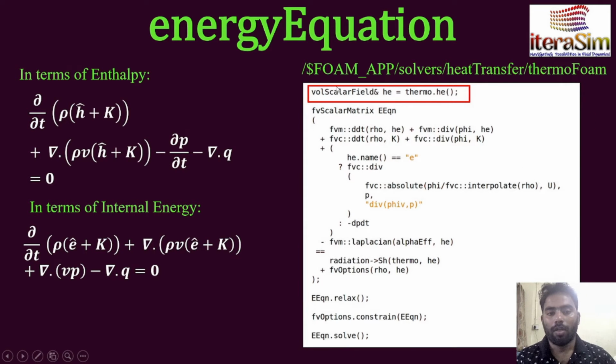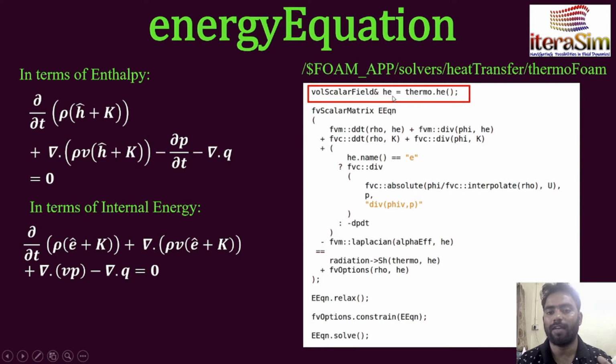First, let's understand how the user is going to specify whether they want to solve for enthalpy or internal energy. Here you can see this is where it is going to ask whether the user wants to solve for enthalpy or internal energy. You can see that we are creating a volume scalar field and storing whatever specification is given in terms of He.